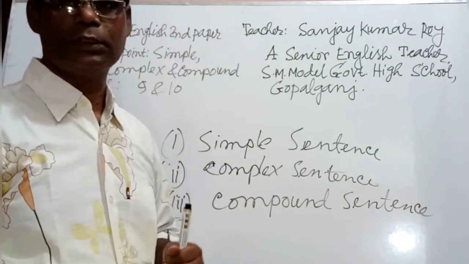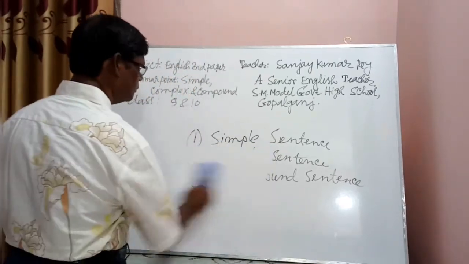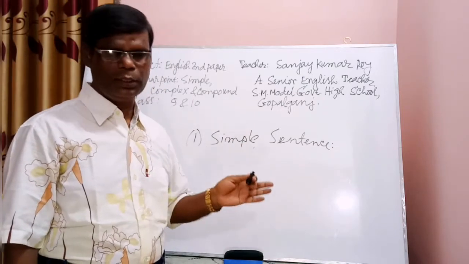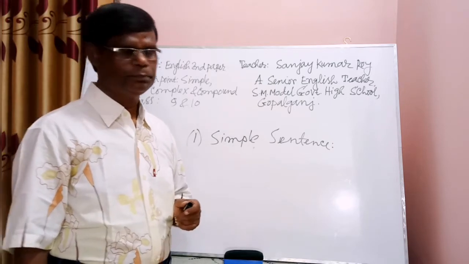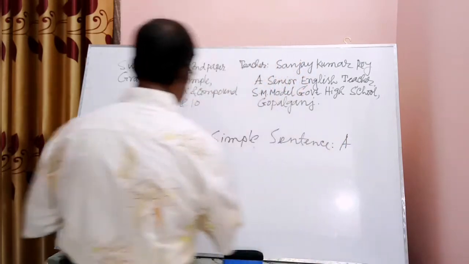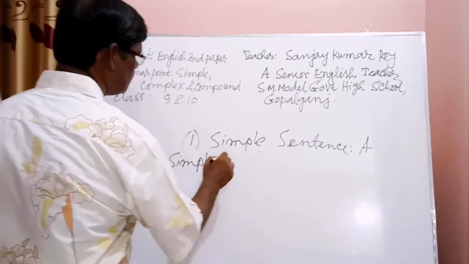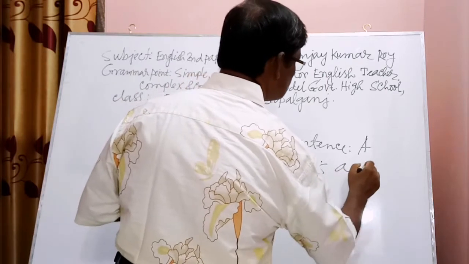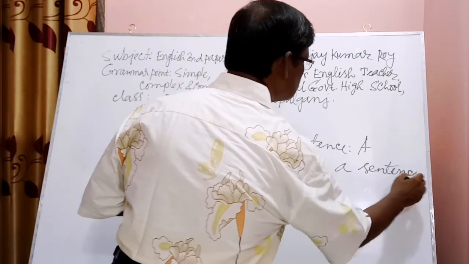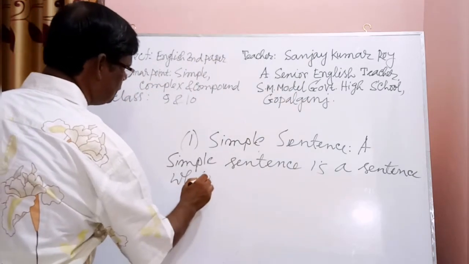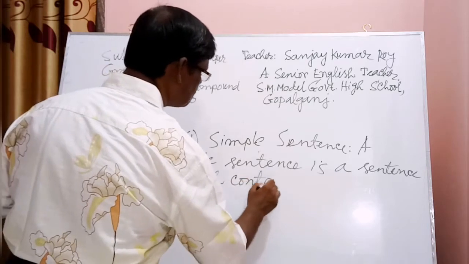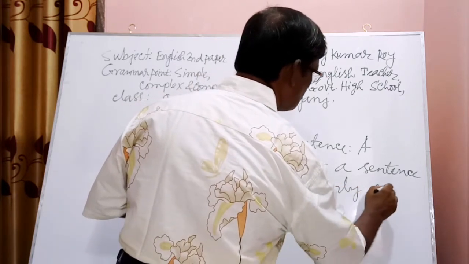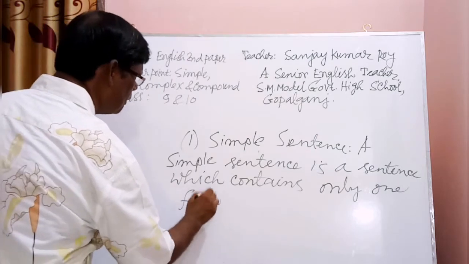Now, what is a simple sentence? A simple sentence is a sentence which contains only one finite verb.